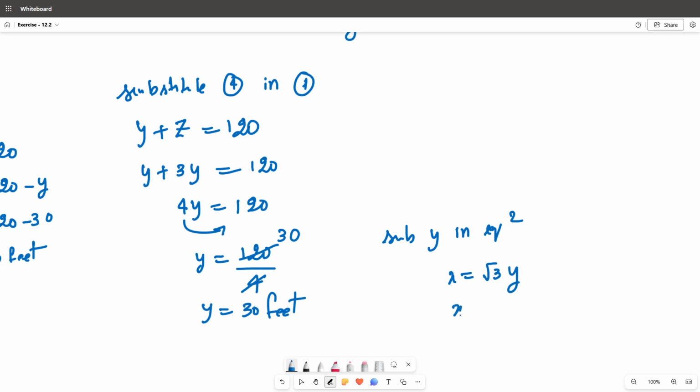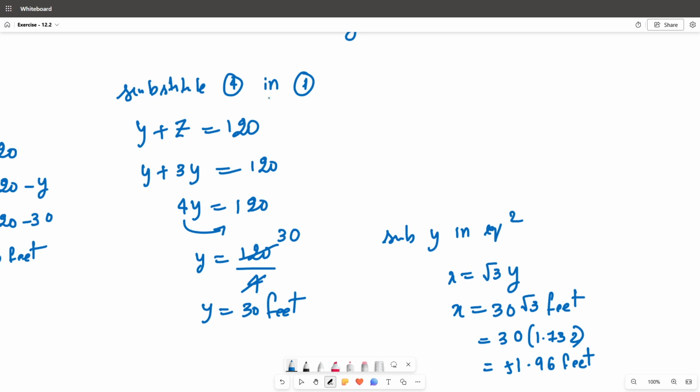But y we know is 30 feet, so x will be 30 into root 3 feet. Now if I substitute root 3 as 1.732, then I would get 30 into 1.732 is equal to 51.96 feet.